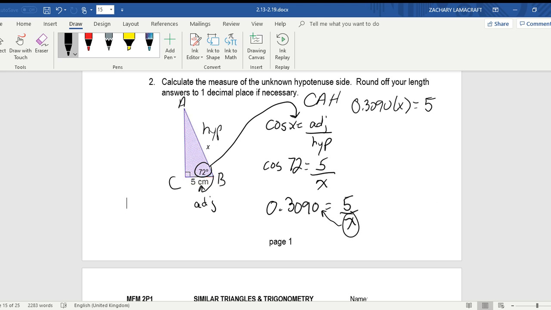And we know that we need x by itself. And since we're multiplying by 0.3090, we're going to bring it to the other side. And once we do that, since it's multiplication on this side, it becomes division on the other. So it's going to be 5 divided by 0.3090. And in this case, our answer would be equal to what?